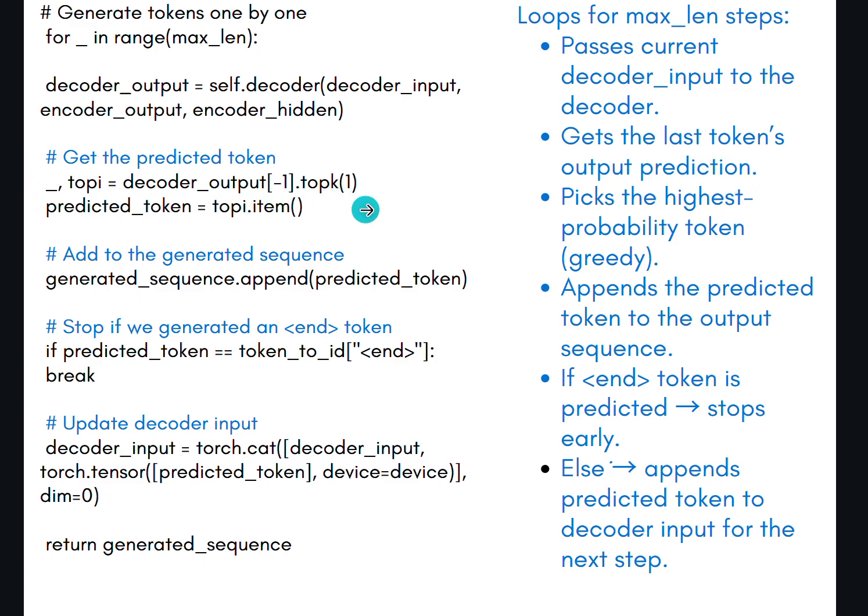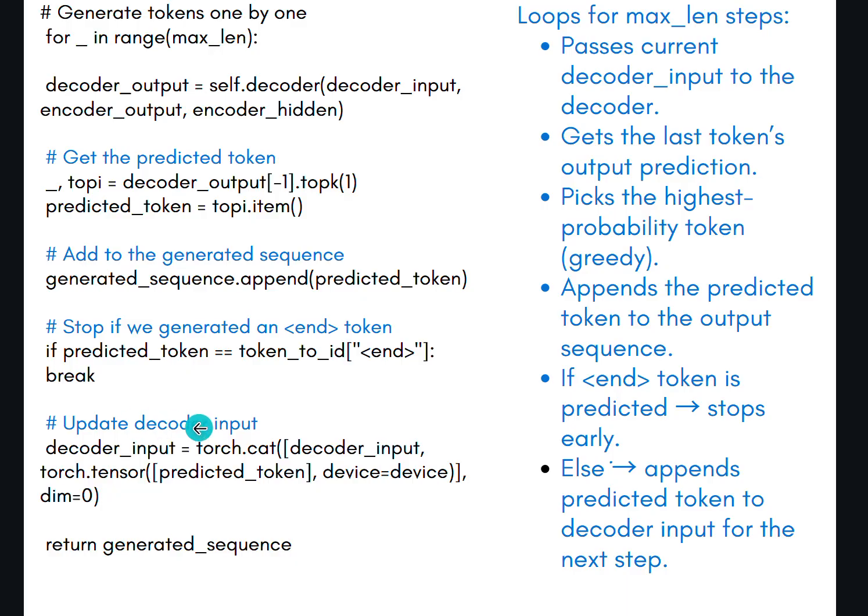Picking the highest probability value is the greedy approach. Whatever top token it has predicted, you just append it to the sequence. Whenever it picks the end token, in this case awesome end, it will break. Otherwise, if it never reaches the end, it will stop when it generates the max length, right?